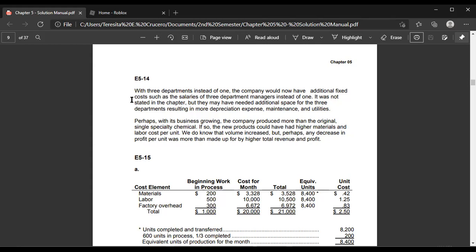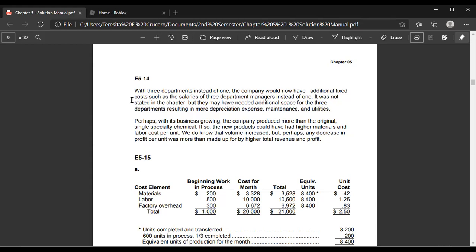When it subsequently divided operations into three departments, its unit cost totaled $16.50: mixing $10, blending $2.50, and packaging $4. What are some of the reasons why this increase in unit cost may have occurred?